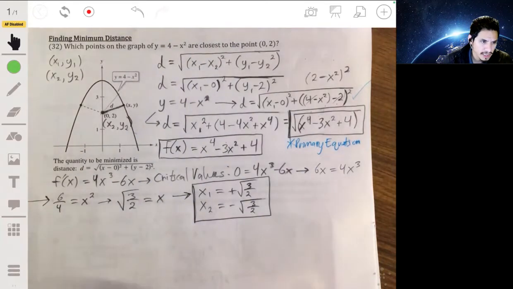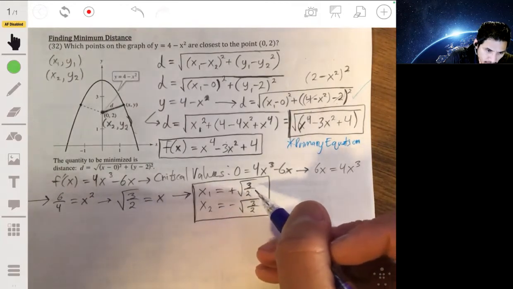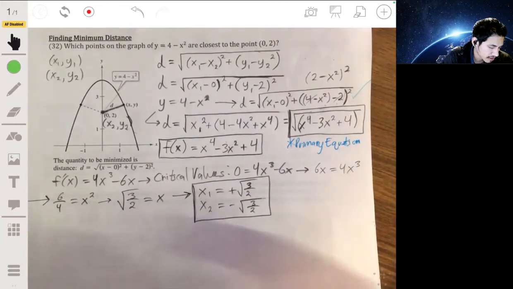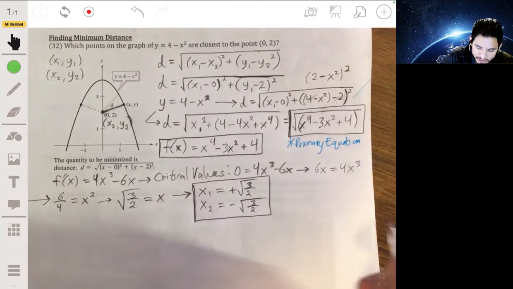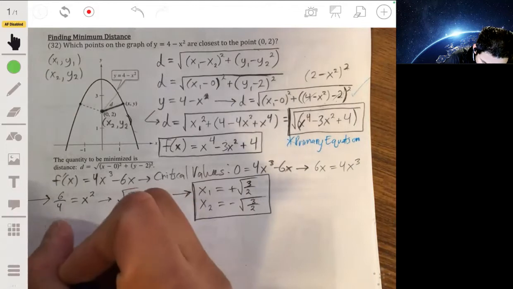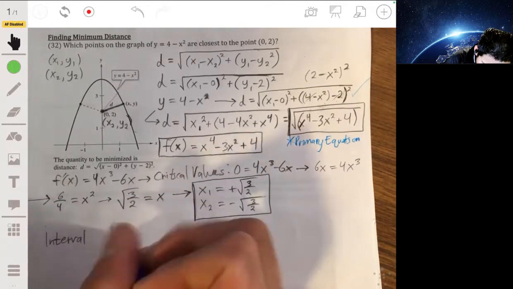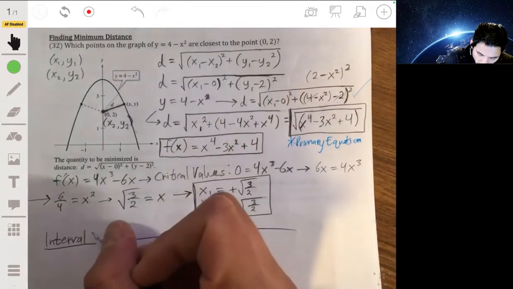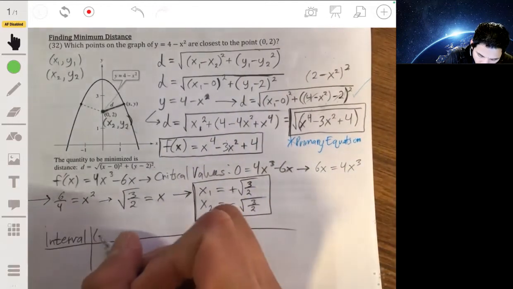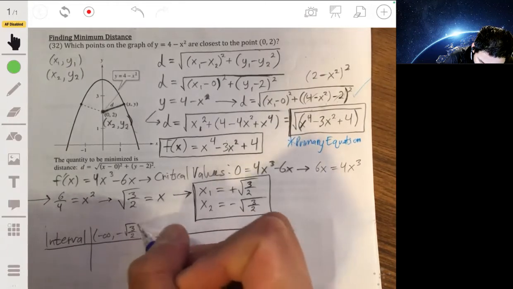So let's see what's going on at these values, and I would probably use the first derivative test. Let's see what's going on before, between, and after. So I'm going to make up my table where I have an interval in the top row. So negative infinity to negative root 3 over 2.